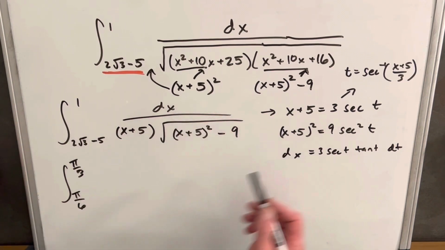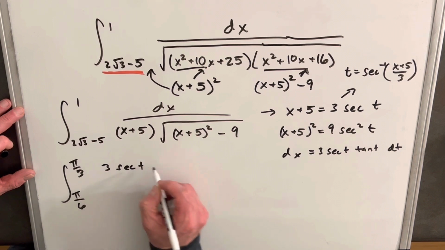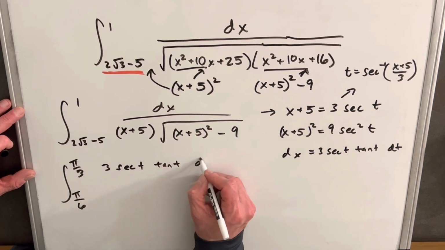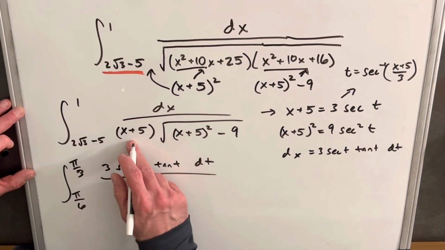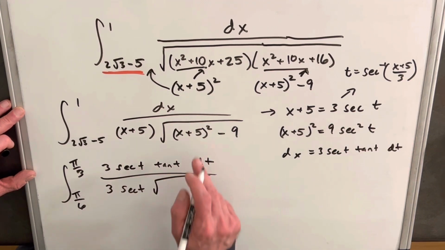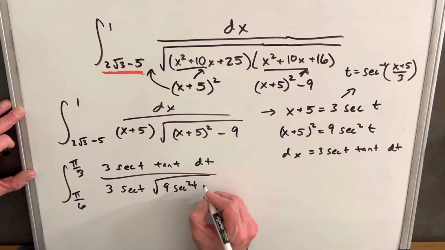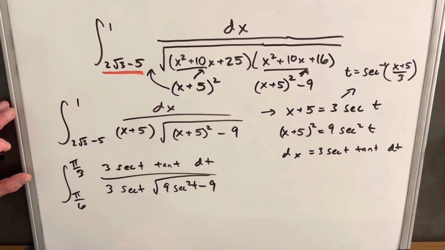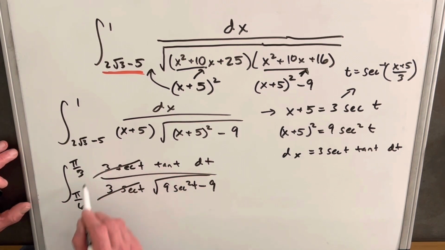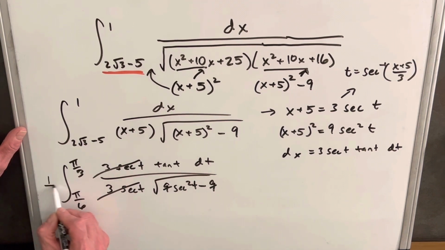Now for our dx value, we have that right here, so that's going to be 3 secant t tan t dt. X plus 5, we have that right here, 3 secant t. X plus 5 squared we have right here, so that's going to be 9 secant squared t minus 9. These terms are going to cancel. If we take out this 9, we can pull it out as a 3, so we can make this a 1/3 in front.